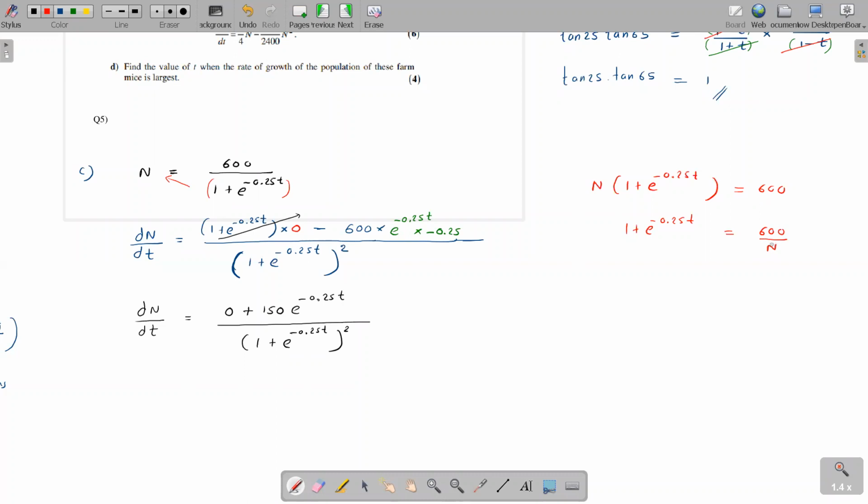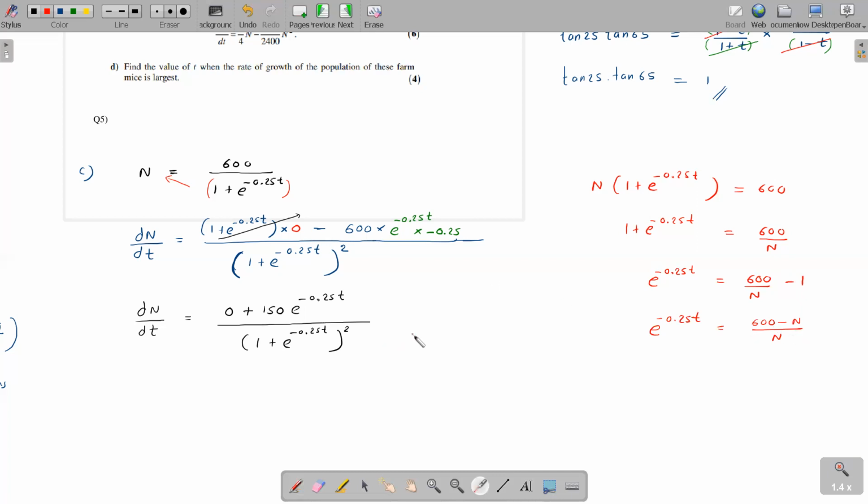Is that okay? And I'm making e to the power minus 0.25t the subject. I get 600 over n minus 1. Is that okay? Children, are you okay with this? Can you understand what I'm talking? I think it's better to make this a common denominator. So 600 minus n over n.